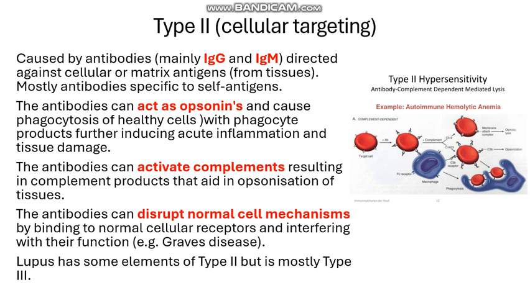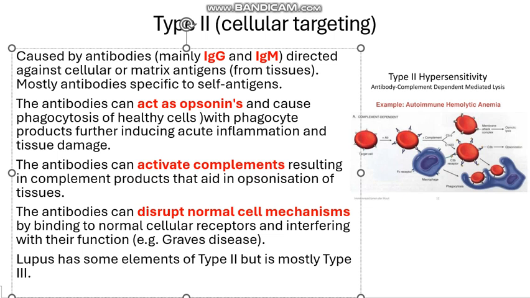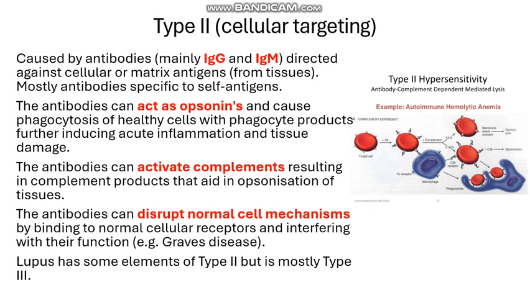The antibodies can act as opsonins and cause phagocytosis of healthy cells because they think that these healthy cells are actually pathogens, with phagocyte products further inducing acute inflammation and tissue damage.